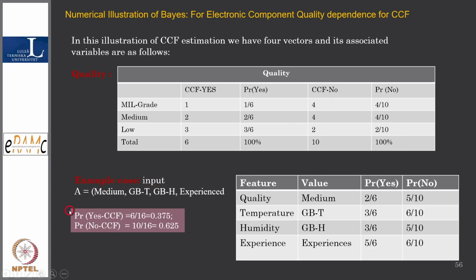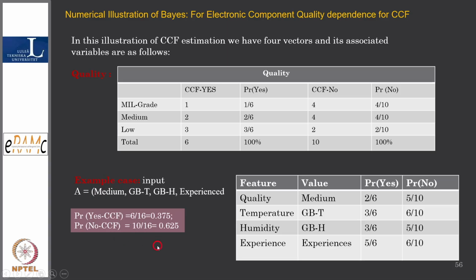Now for the example input, we have A as medium, the same vector, that is vector 5 I have chosen here. Now probability of yes is equal to 6 upon 16, because there were so many yes that we counted actually, and probability of no is 10 out of 16.